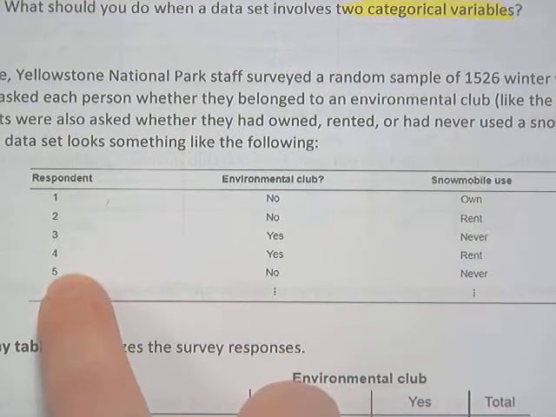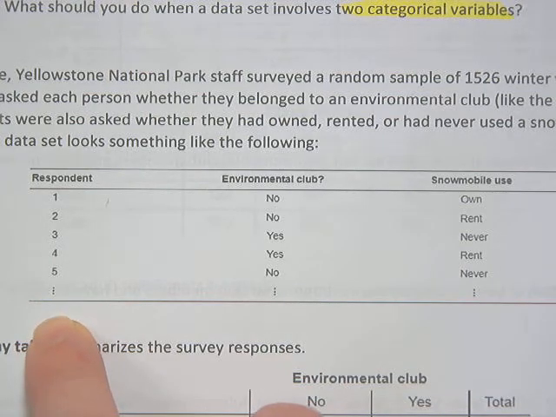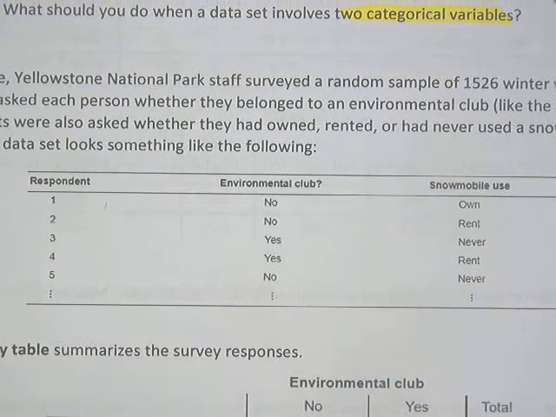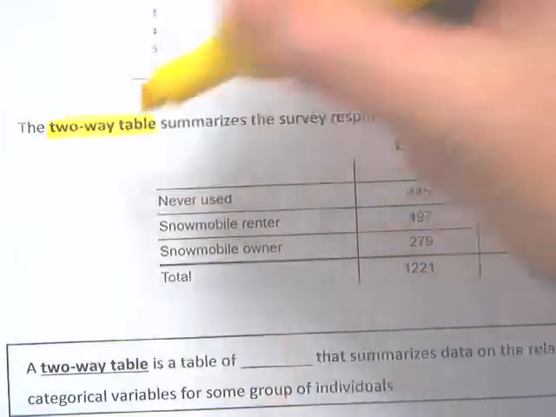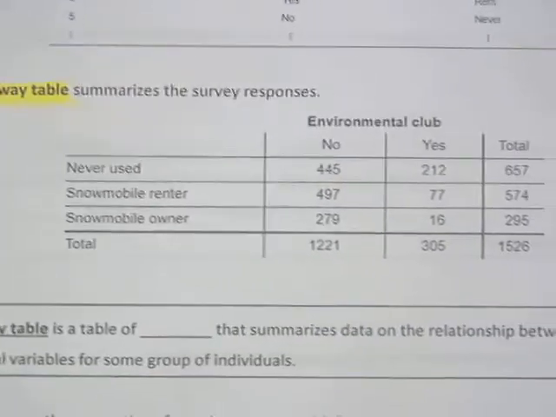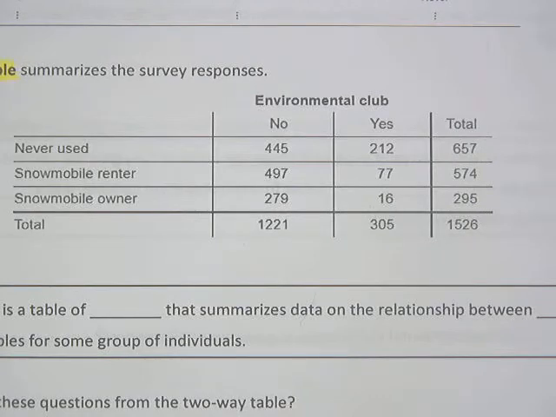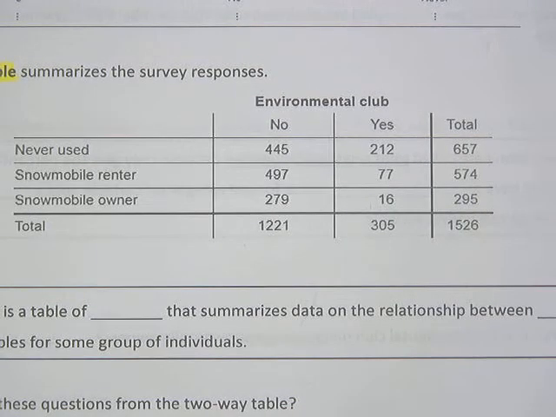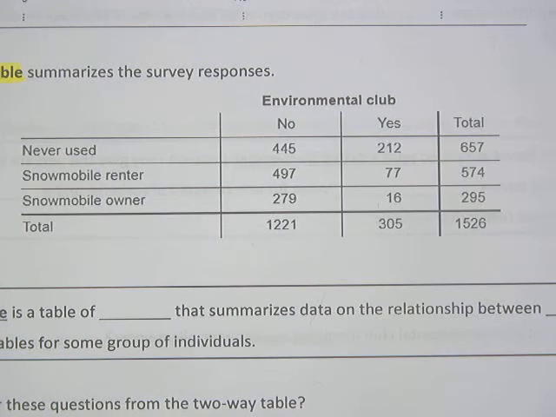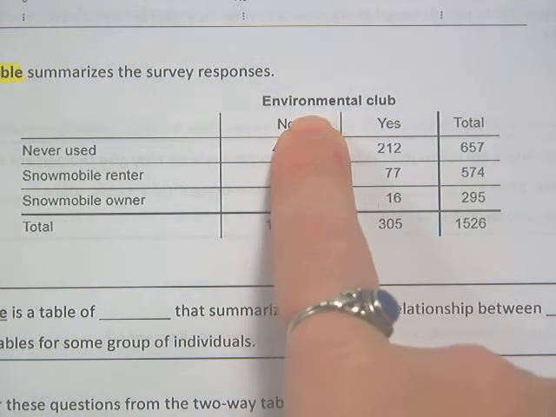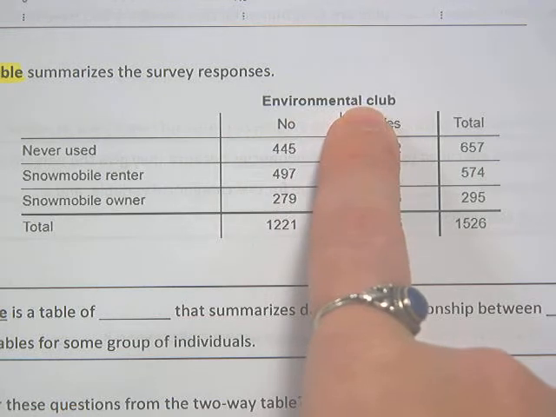And this chart would go all the way down to 1,526. Well, this two-way table summarizes the data of all 1,526 people who took the survey. So kind of just stare at this for a second and figure out how it's organized. Our two categorical variables are, are you part of an environmental club or not?